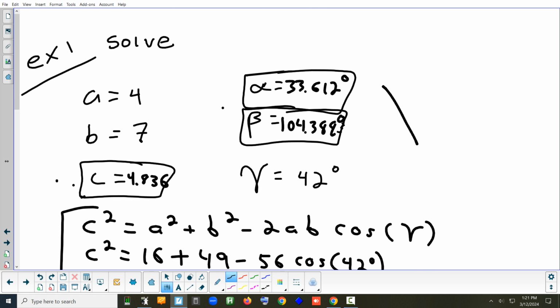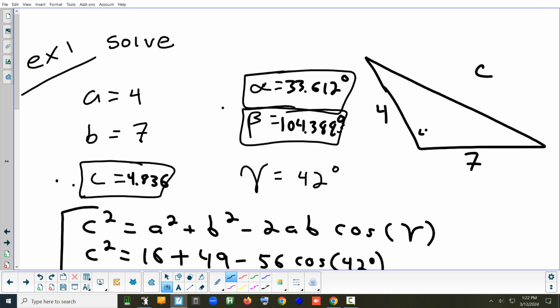So what ends up happening if you start the problem with law of cosines and try to finish with law of sines. So this was A, this was B, that was C, and that's gamma. So does everybody see how we started with side angle side? That's law of cosines.